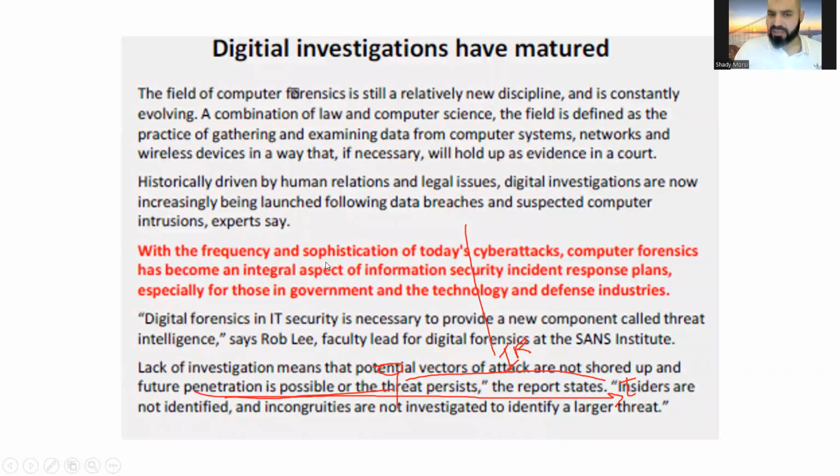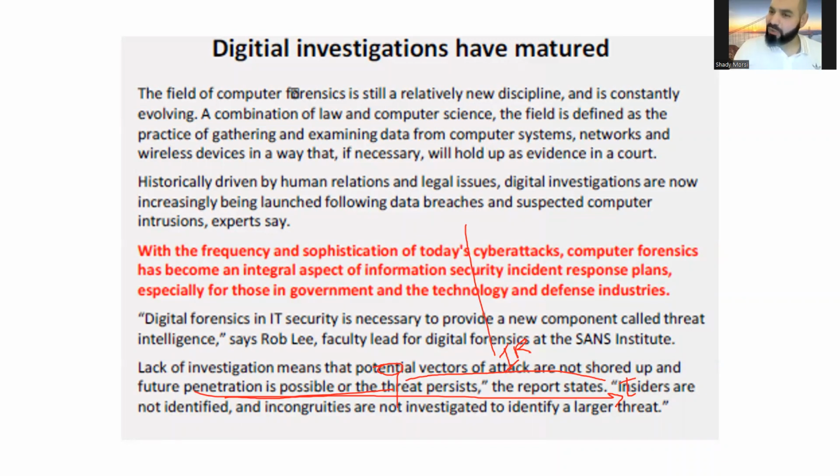With the frequency and how advanced today's cyber attacks are, computer forensics has become an integral aspect of information security incident response plans. So if you implement your incident response plan, computer forensics becomes a part of it. That's why there is a new emerging job called digital forensics and incident response, because both are integral and complete each other.